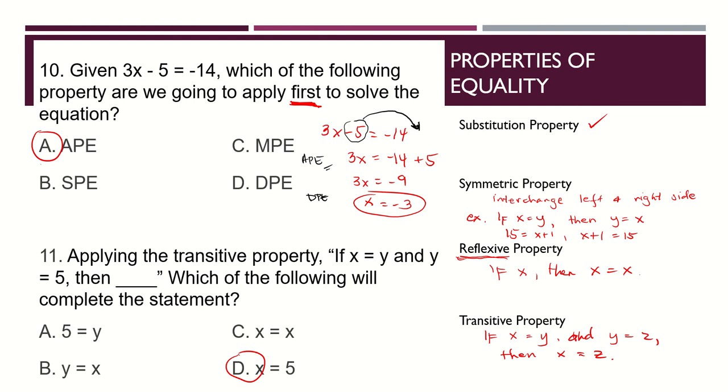All three are equal to each other. So for number 11, if x equals y and y equals 5, we can say that x equals 5. Letter A cannot be our answer because it only applied the symmetric property to the given. The same with letter B. Then C is reflexive. So by the transitive property, x equals 5.